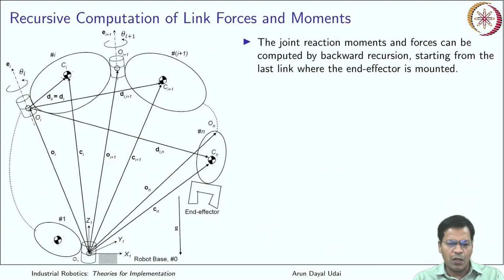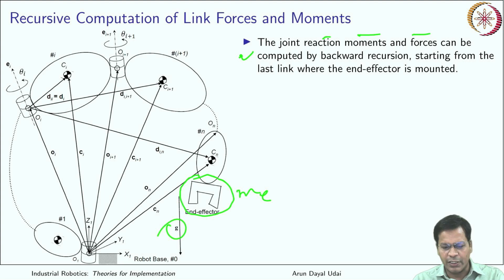Okay, so now let us start recursively computing the link forces and moments. The joint reaction moment forces can be computed by backward recursion, starting from the last link where the end effector is mounted. So what is known, fully known, is everything we know about the end effector. We know how much is the mass of this end effector.